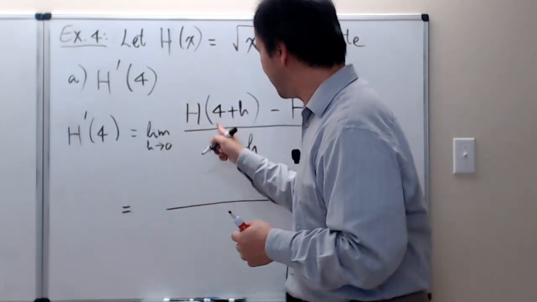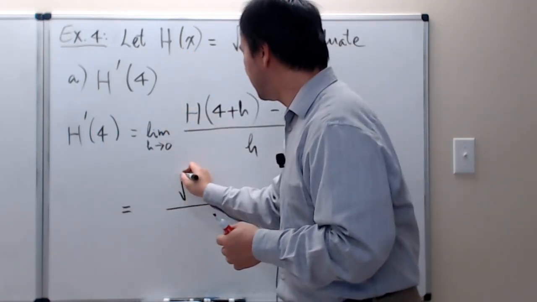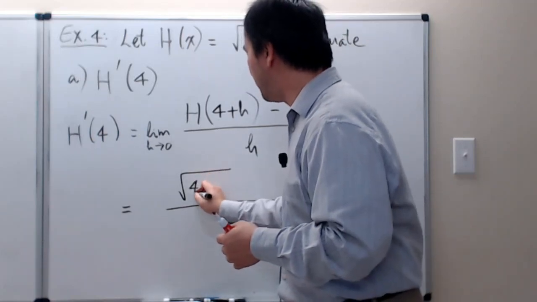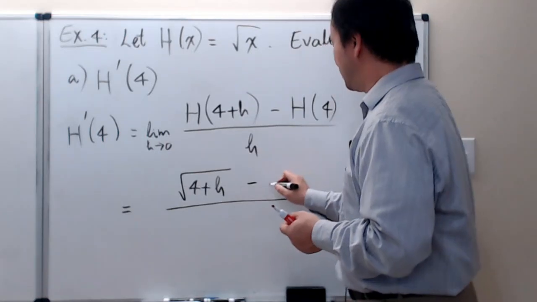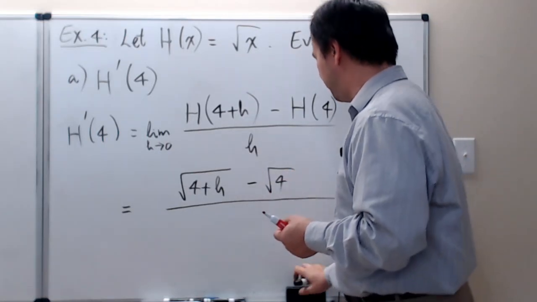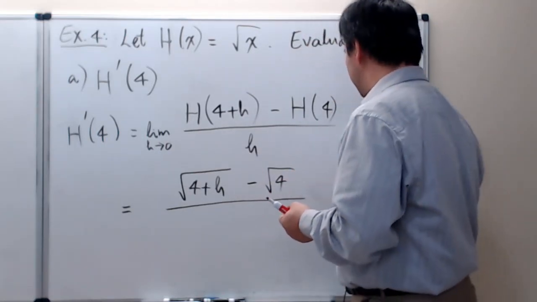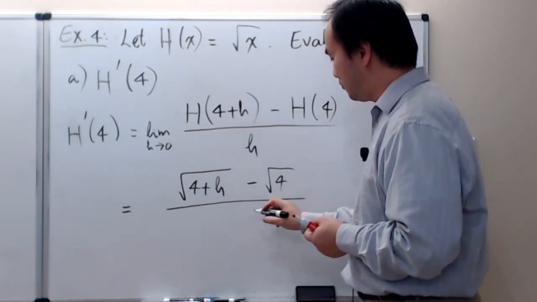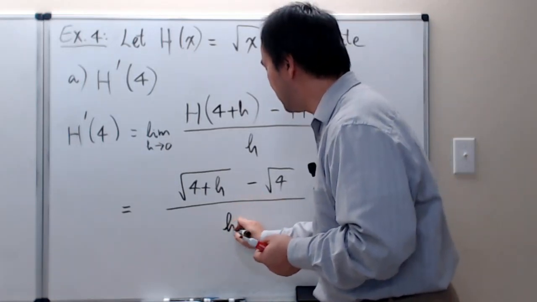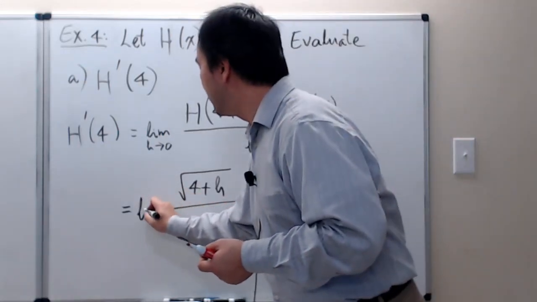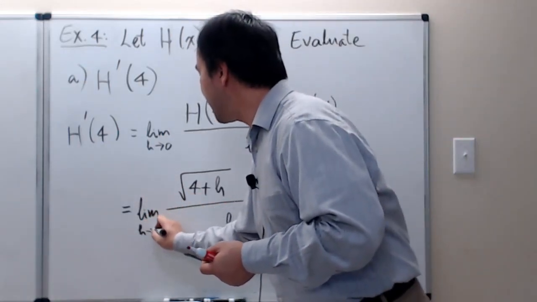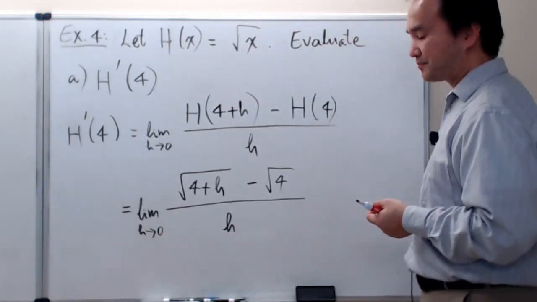So we're looking at the square root of 4 plus h minus the square root of 4. Our function is a square root function, so that's why we have that setup, and we're dividing that by h. We are now going to take the limit as h goes to 0.